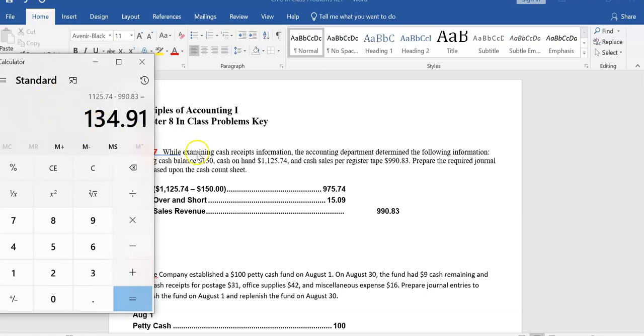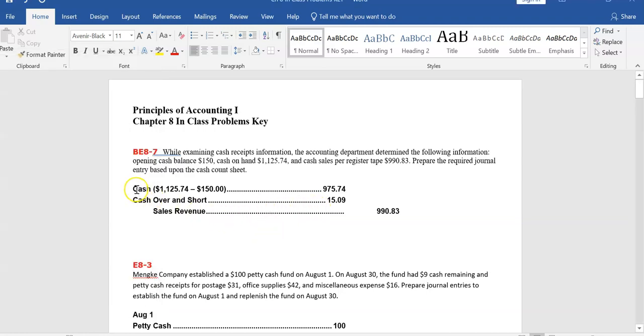The difference between the cash on hand and the sales per the tape is $134.91. However, we started with $150 in cash in the beginning, so there should be $15.09 additional in that cash receipts. That means we were short by $15.09.